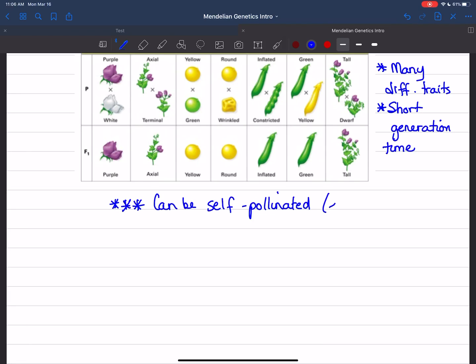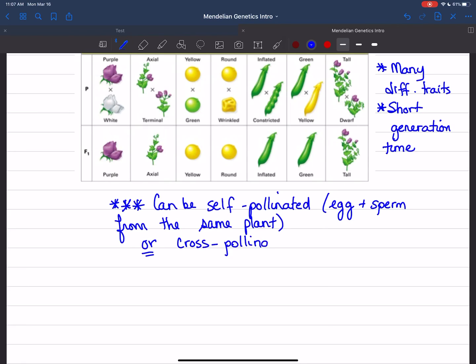Which means you can take the egg and sperm from the same plant. Or they can be cross-pollinated, where you get the egg and sperm from different plants.